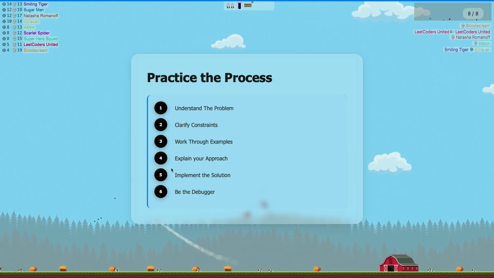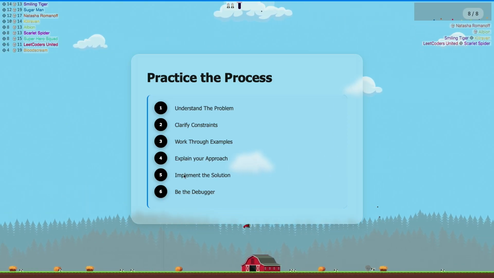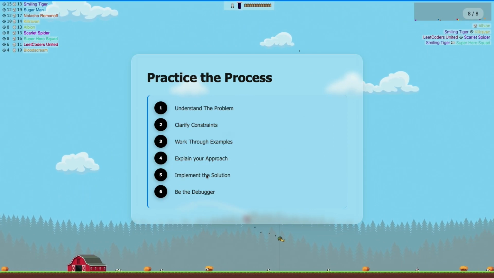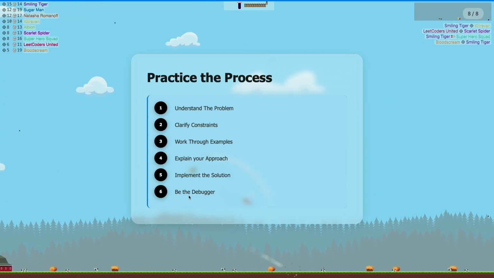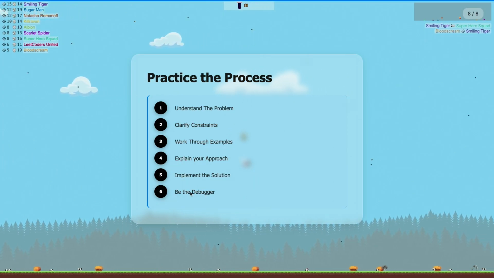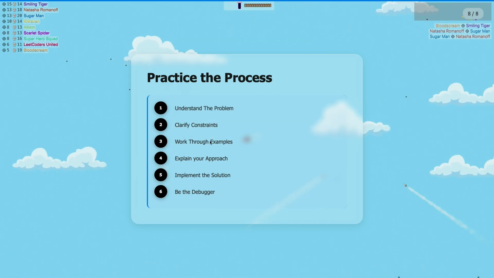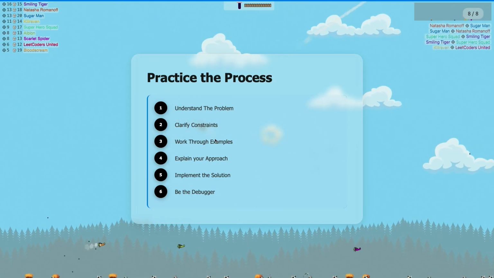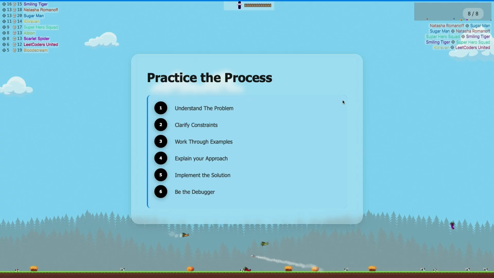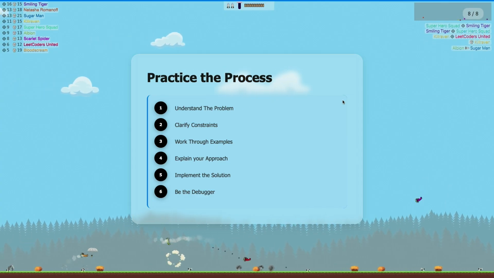Then implement the solution and talk through your implementation while you're doing it. Don't be silent. Then be the debugger to check your code and to test your code with the test cases or the examples that you came up with in the beginning. And that's pretty much it. So that sums up the whole systematic process.